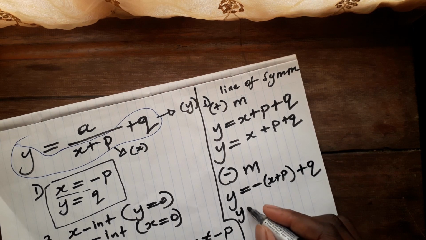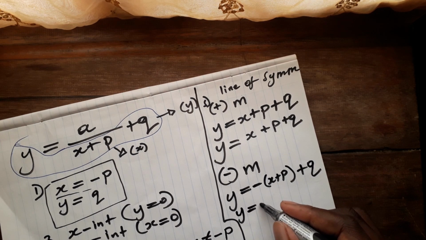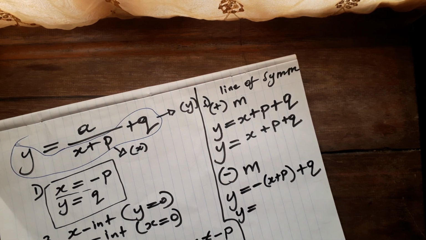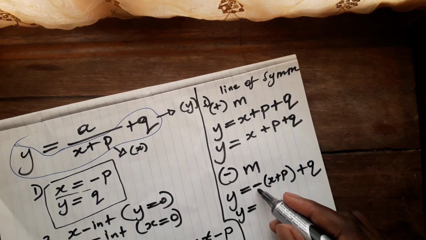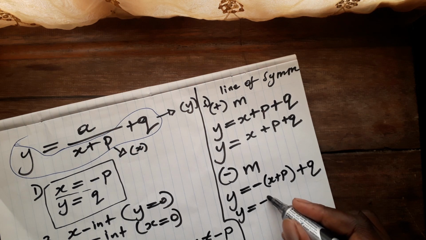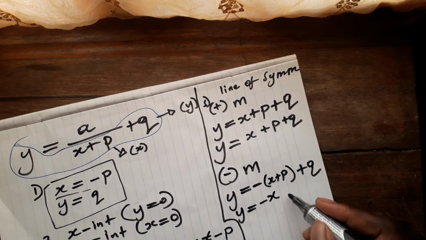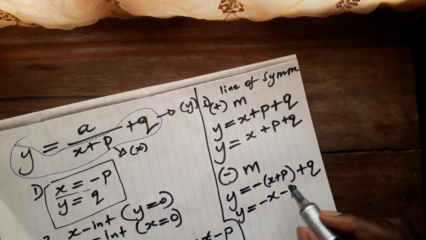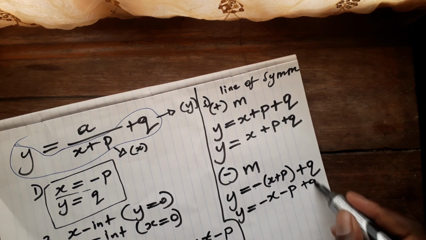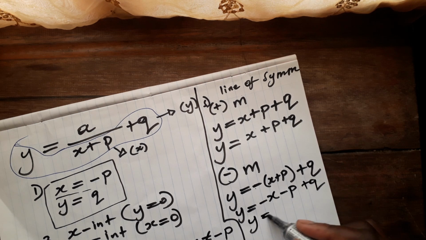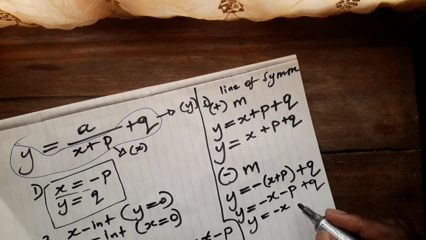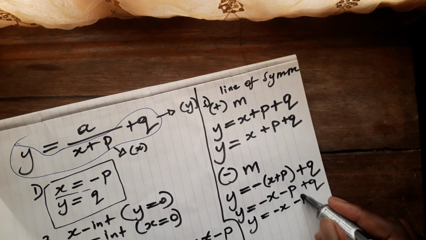So this is going to give us y equals, when you multiply everything by negative, negative times positive is negative. This one and this one is going to give us negative p, and then plus q. Then you group the like terms, negative x, and this one and this one you are going to add. They're going to give you a certain number, which is minus p plus q.